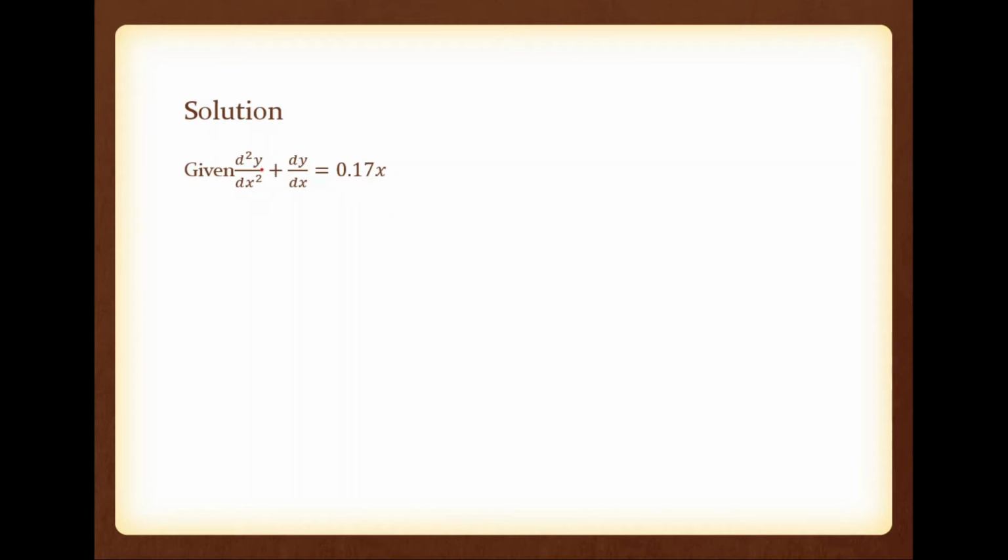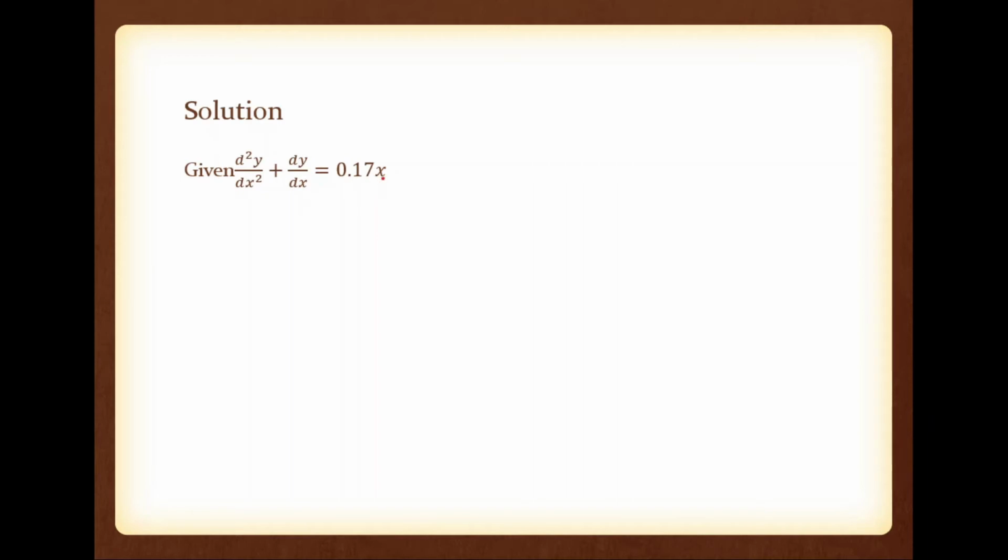Now what is the central difference approximation of d square y by dx square? That is yi plus 1 minus 2yi plus yi minus 1 divided by h square, right? Similarly, what is the central difference approximation of dy by dx? Yi plus 1 minus yi minus 1 divided by 2h.